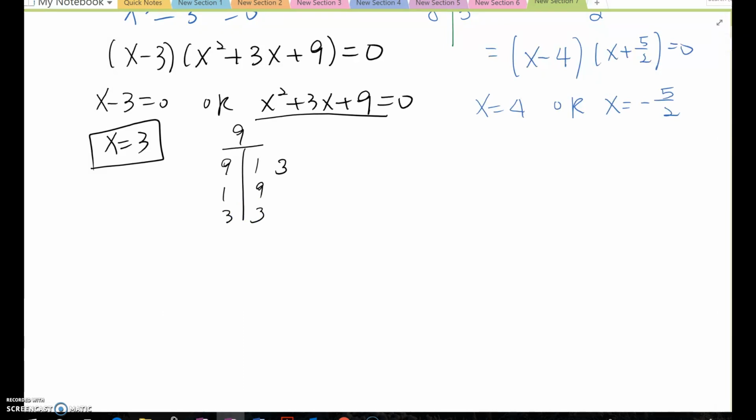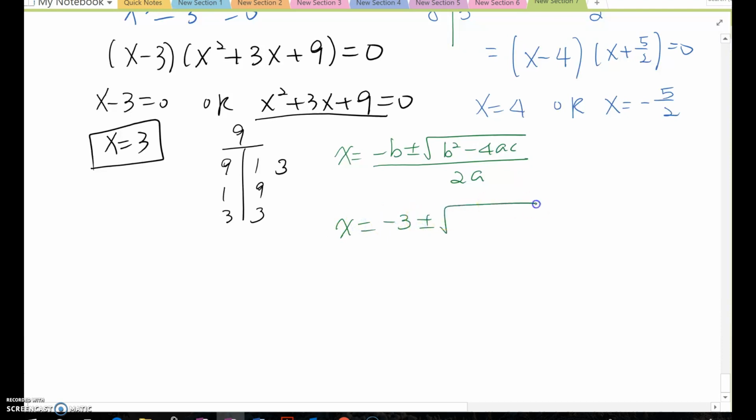However, we have another method, which is x equal to negative b plus and minus the square root of b squared minus 4ac, over 2a. Utilizing that, x equal to negative 3 plus and minus the square root of 3 squared minus 4 times 1 times 9, over 2 times 1. So it becomes negative 3 plus and minus the square root of 9 minus 36, over 2.